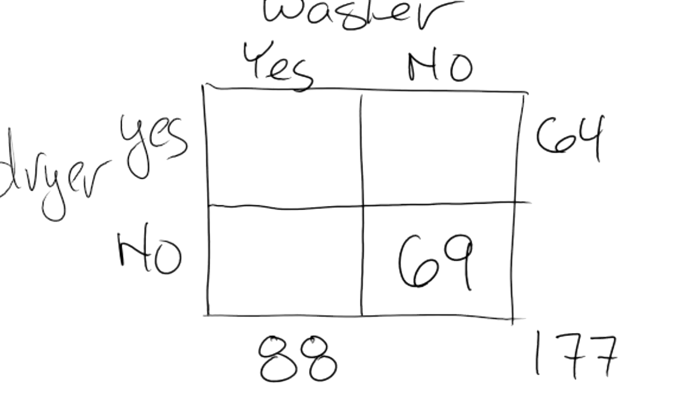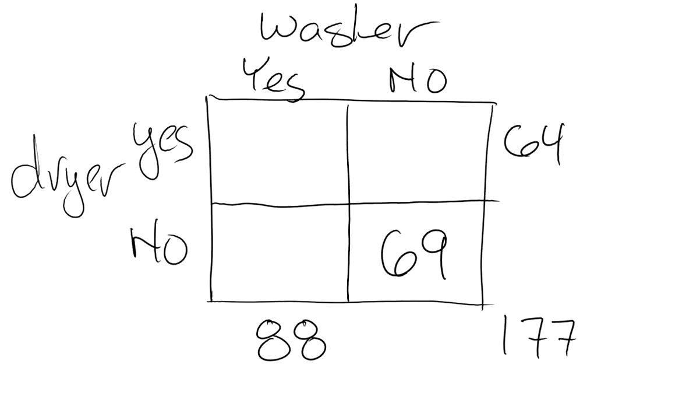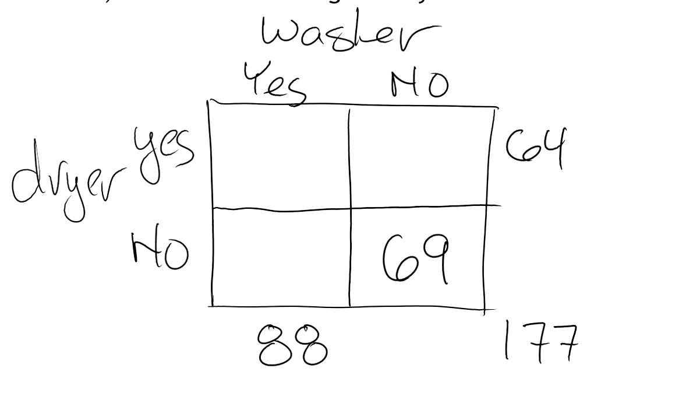Remember, for the two-way table, these values have to add up to 64. So there's two numbers here. This number and this number must add up to 64. Right off the bat, I can't fill that in because I don't know enough information about that.